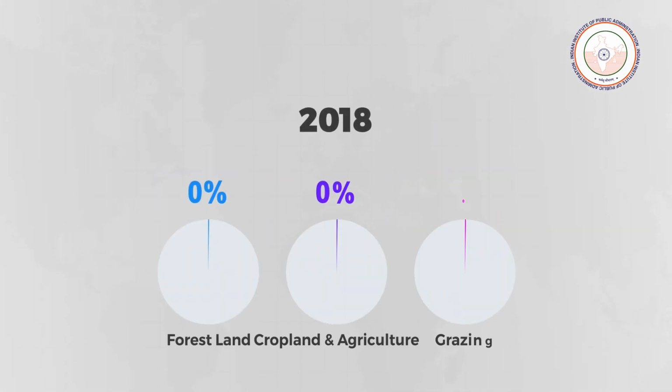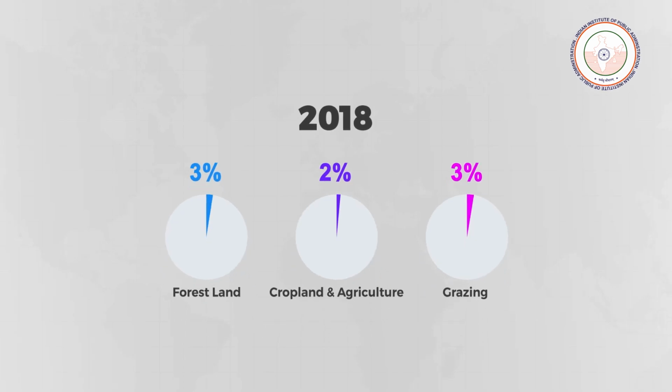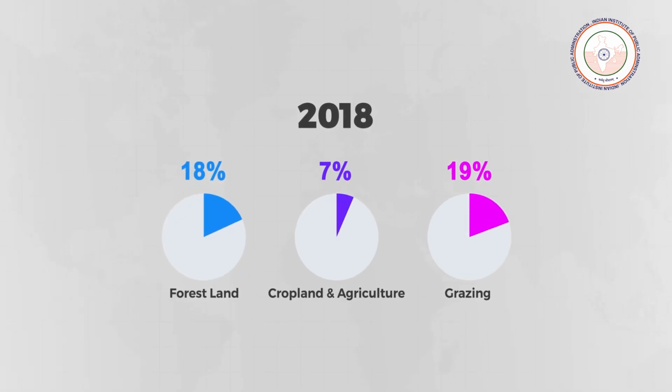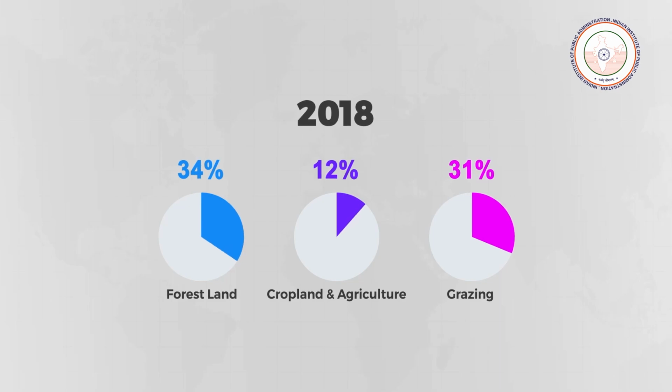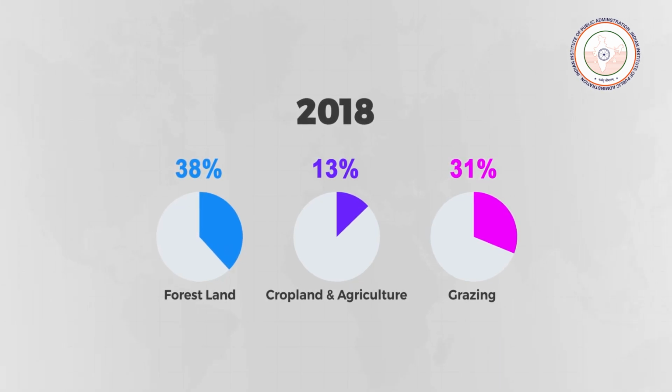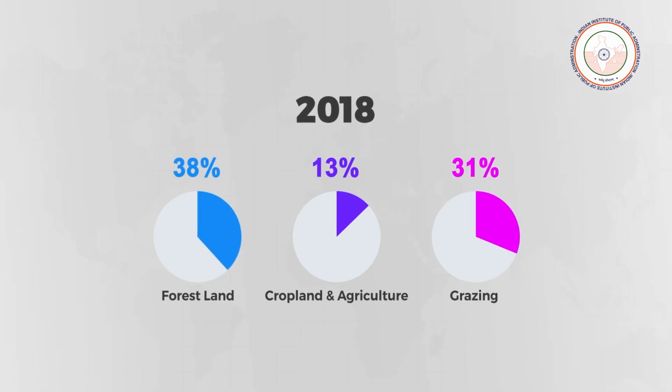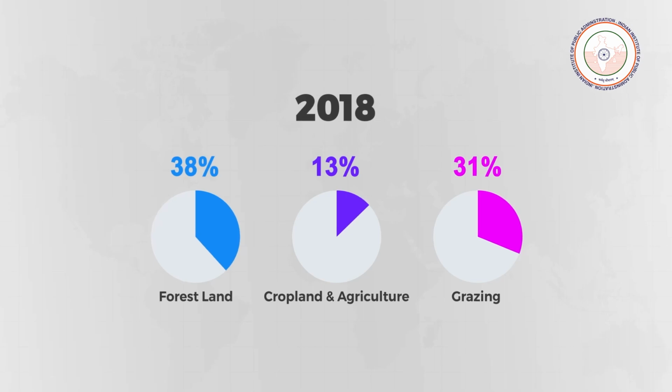But in 2018, this is reduced to 38%. 13% of land is used for cropland and agriculture, and 31% for grazing. So we have been gradually losing forests, which have played a very important role in our life.